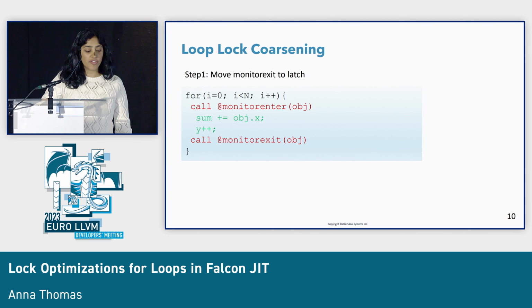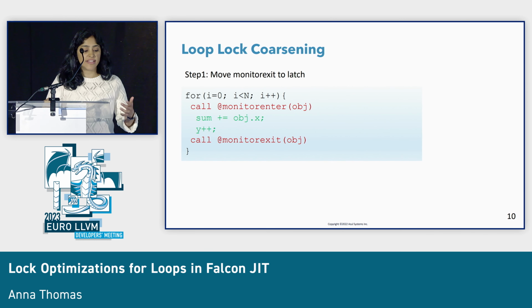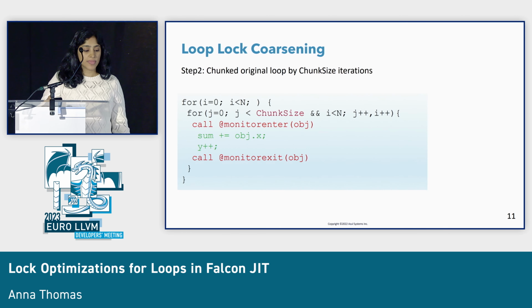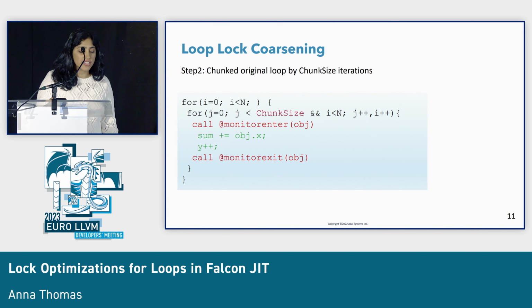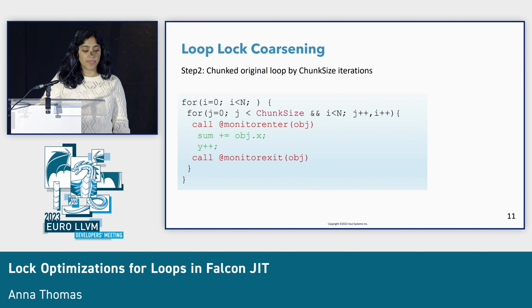So let's see what we do first. We move y++ into the critical section. This means we effectively move the monitor exit to the latch of the loop. The next thing is we introduce something that we call loop chunking. Here we have converted this loop that was originally just one loop into having an inner loop where you have the induction variable j that goes from 0 to chunk size.